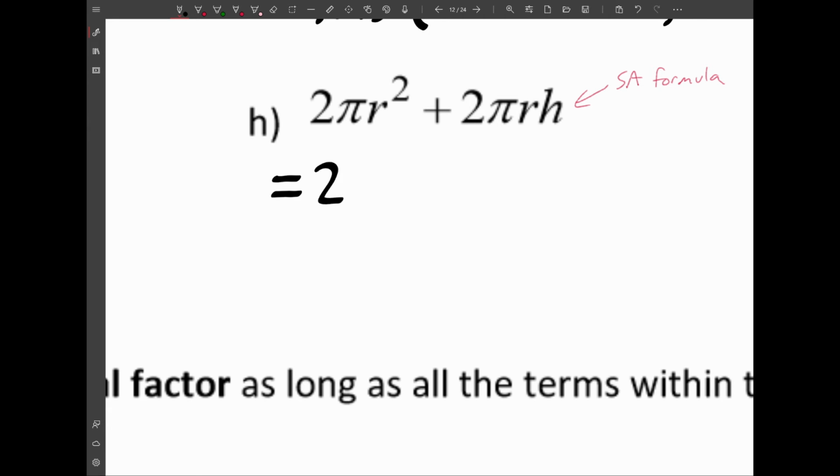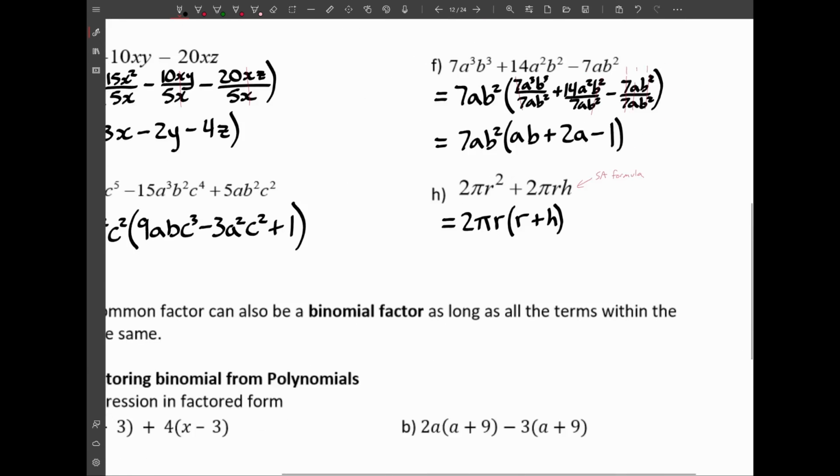So there's a 2 common, and there's pi common, and there's an r common in each of these. Bracket. Well, if I take out 2 pi r from 2 pi r squared, I'm just left with 1 r. If I take 2 pi r out of 2 pi r h, I'm left with just an h. So if you're ever looking for a less numbers to type in version of the formula for surface area, this one works.